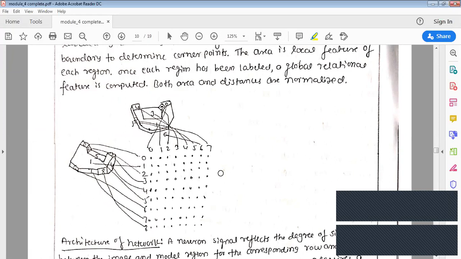Next, what I will do is rotate this object in this direction. See here, 1 is coming here. Earlier 2 was here, now 2 has come here. Next 3, which was on the upper side, is now like this. 4 is like this.